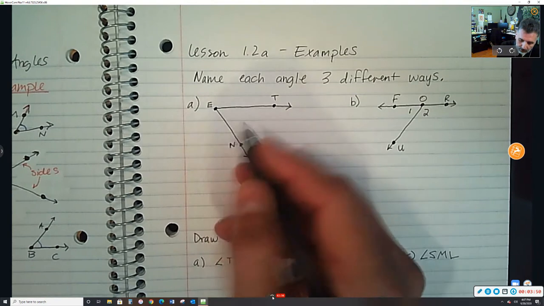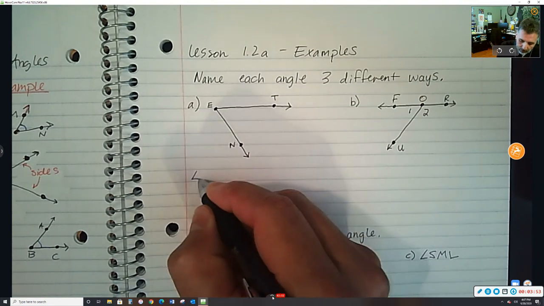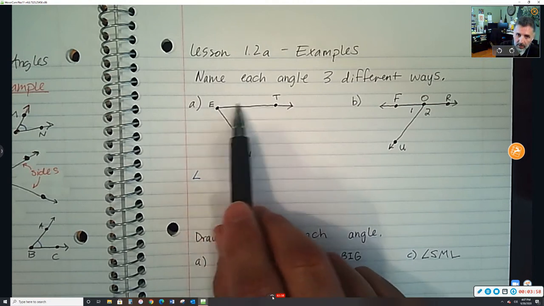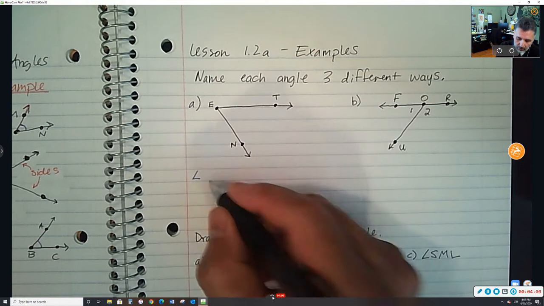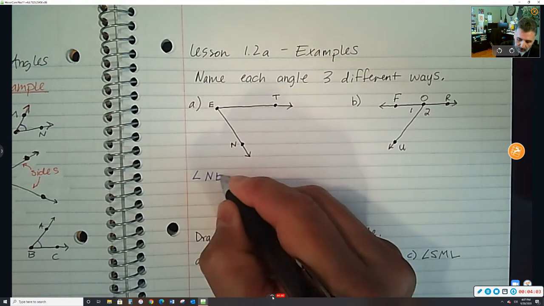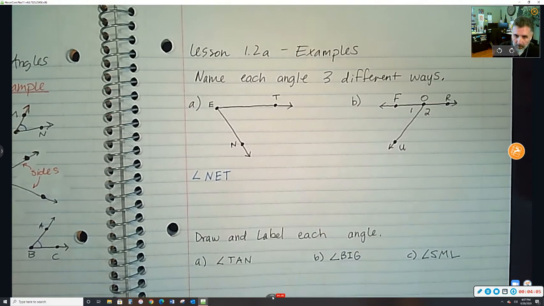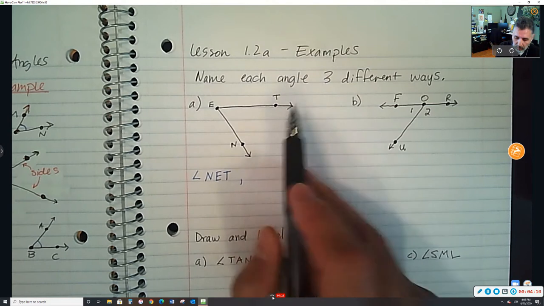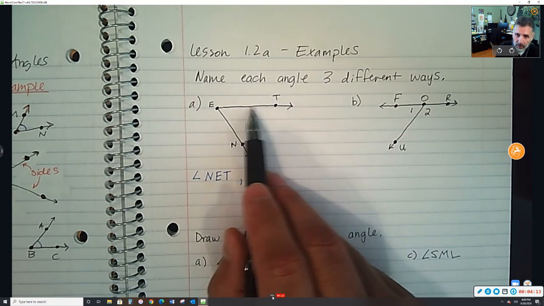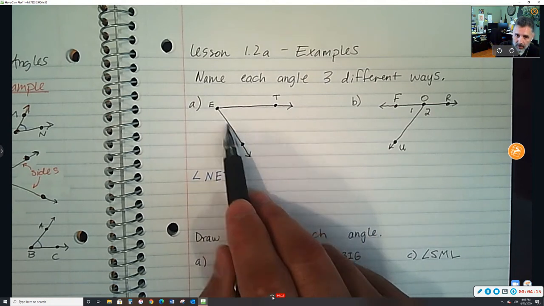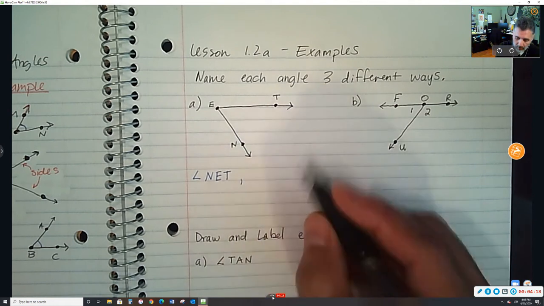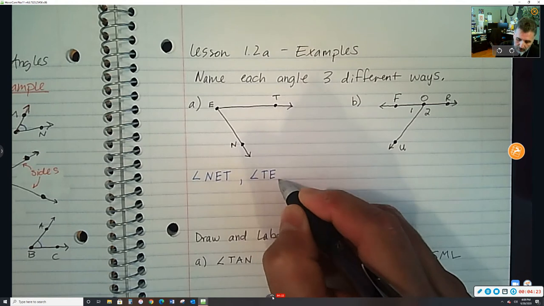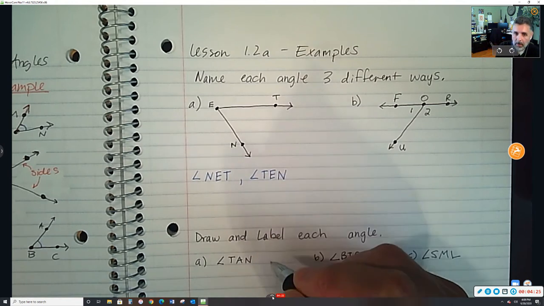So the 3 names for this one, the first name would be angle. And again, if I wanted to trace this, I go across N to E to T. So that's one name, N, E, T. Now if I started in the other direction, I would start up here and go across T to E and then down to N. Across T to E and over to N. Okay.